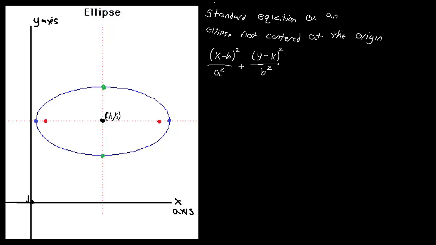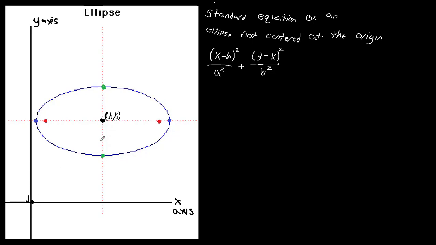So that explains what these parameters are. We see that a squared and b squared are still the same, because we haven't changed the distance between the center and the vertices and co-vertices. These distances are still the same.